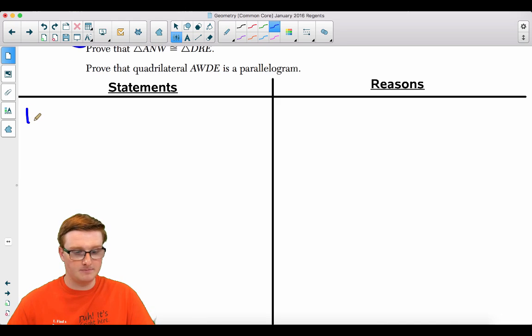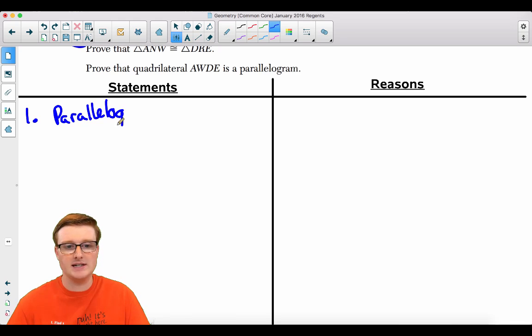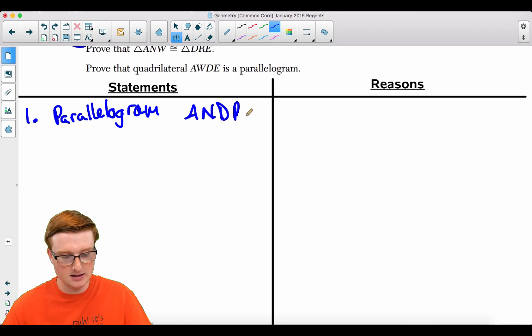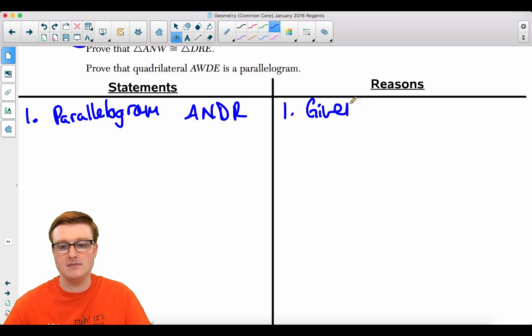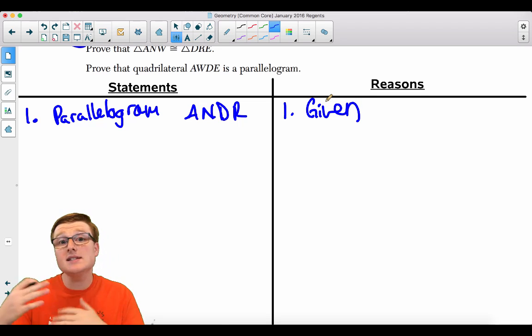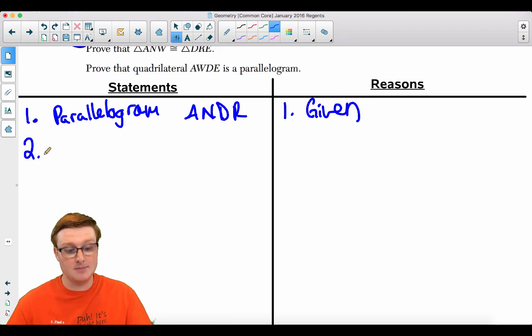All right, number 1. I'm going to list all my givens. All right, so here we go. Parallelogram ANDR. I'm just looking down at my notes here so I don't make a mistake with the lettering. So that is given. Now, I personally sometimes like to separate my givens. I like to separate this given because we're talking about bisecting now.